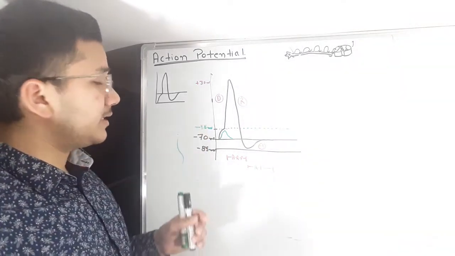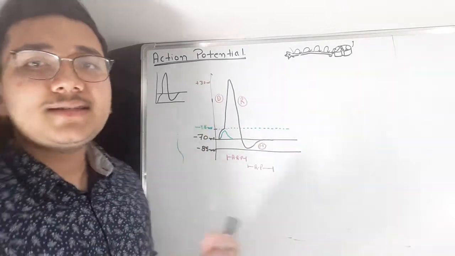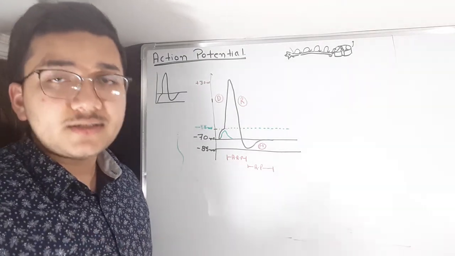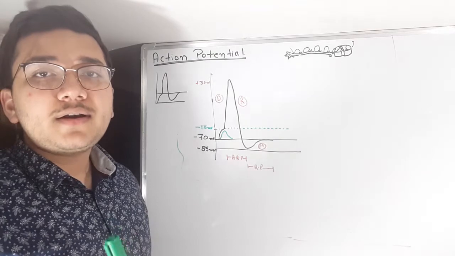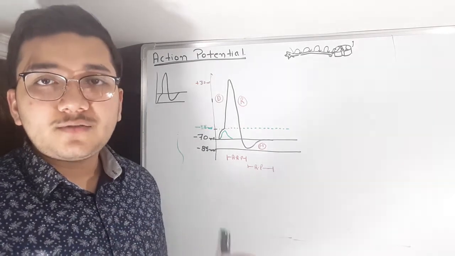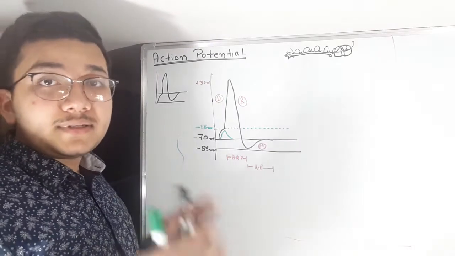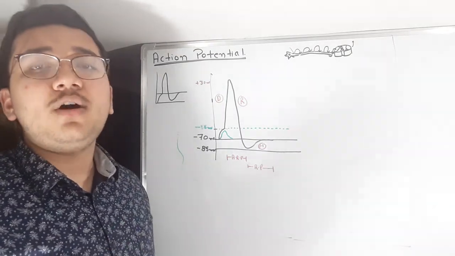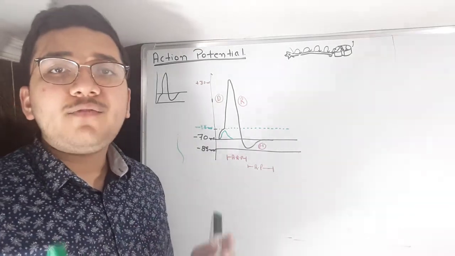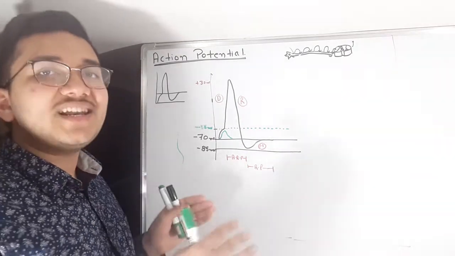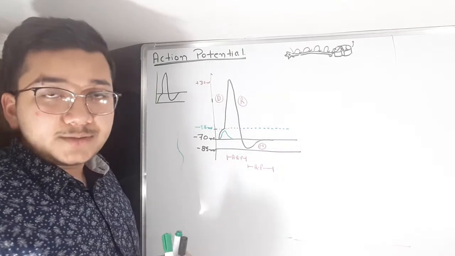When this happens, at the same time the command is sent to the voltage-gated sodium channels, which we'll see later in this video, and also to the voltage-gated K positive channels. But the voltage-gated K positive channels, which we normally call VGCs, are very slow. They open slowly and also close slowly, so they will close later in the action potential.